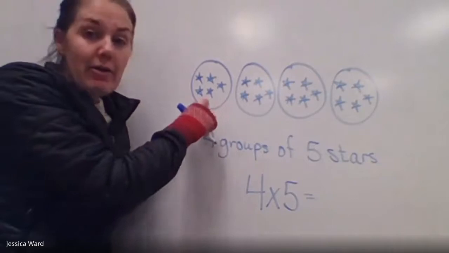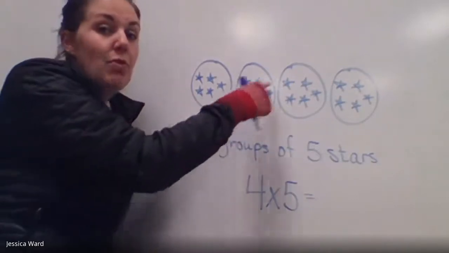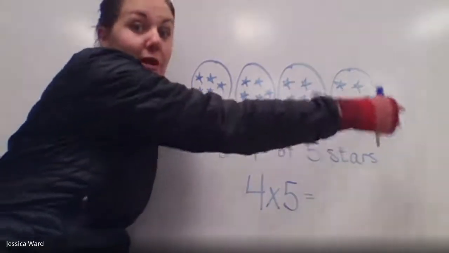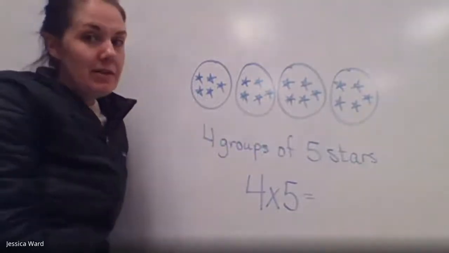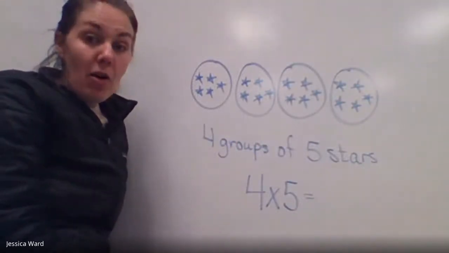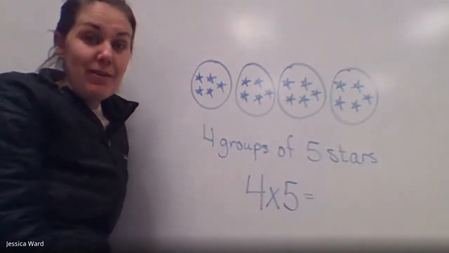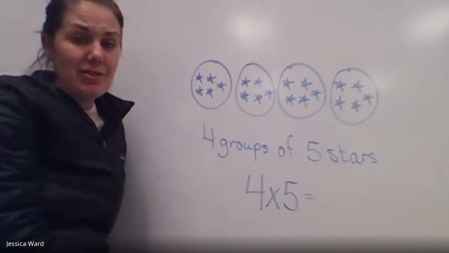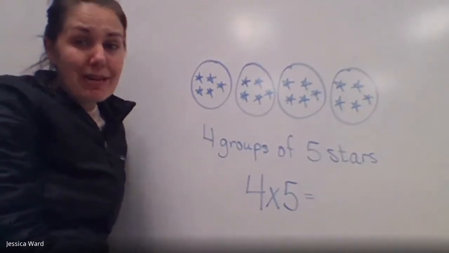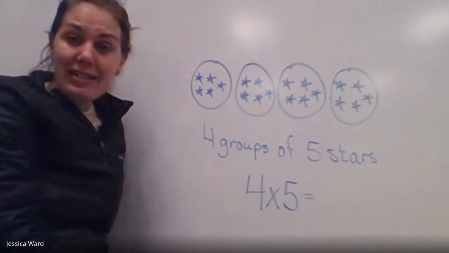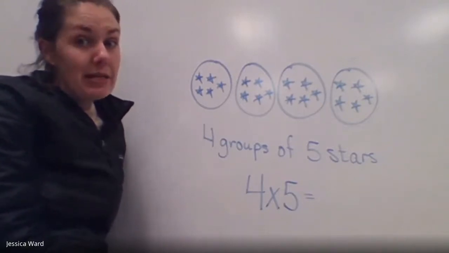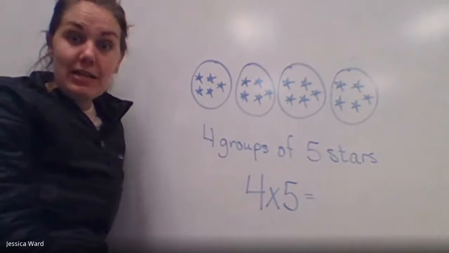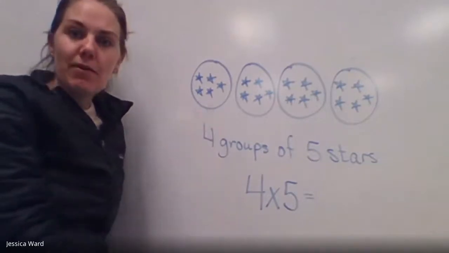Now, I could count up 5 and 5 more and 5 more and 5 more. But because they're 5s, I can also count by 5s, right? 5s are nice and easy to count to. There's other numbers that aren't as easy to count to. It's not as easy to count by 3s or 4s or 6s, but we can count easily by 2s and 5s and 10s. And this one happens to be groups of 5.